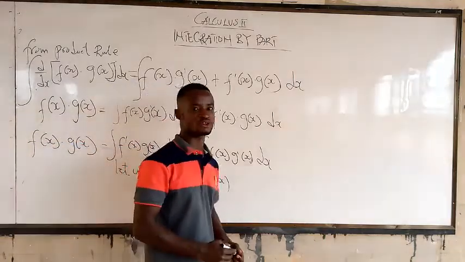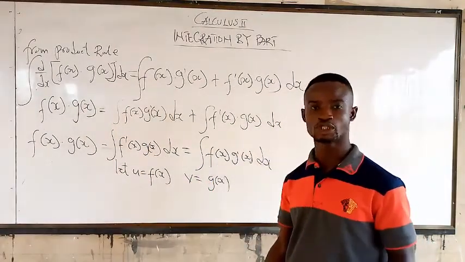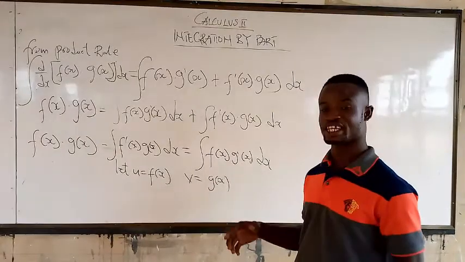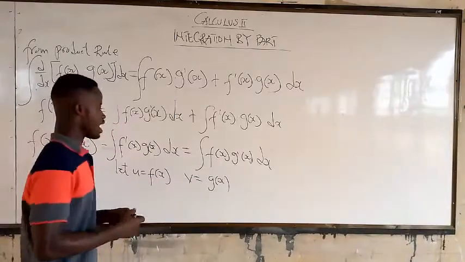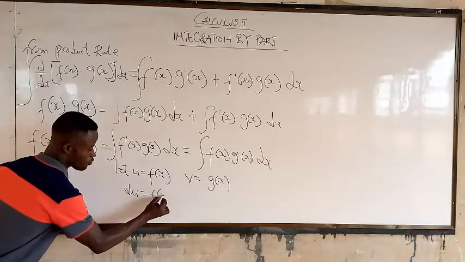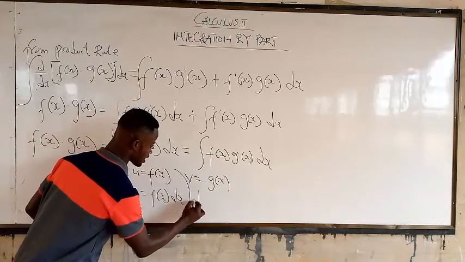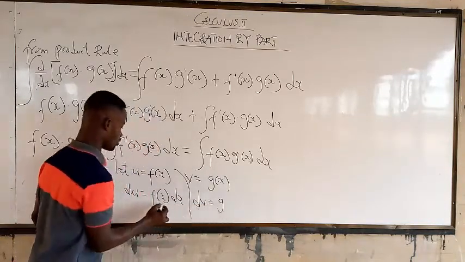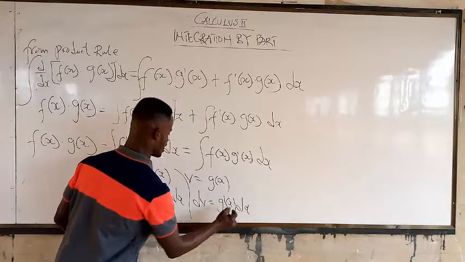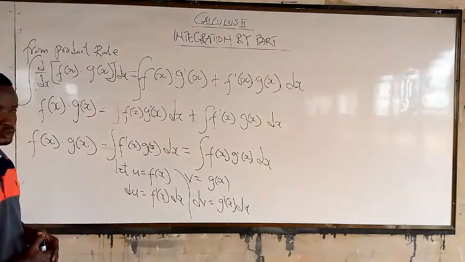The reason why we are doing all this is to get rid of all the f and the g. So we are going to do substitution to get rid of all the f and the g. When you differentiate this, you get du equal to f prime of s ds. And when you integrate this, you get dv equal to g prime of s ds. Very good. I hope it's now clear to you.